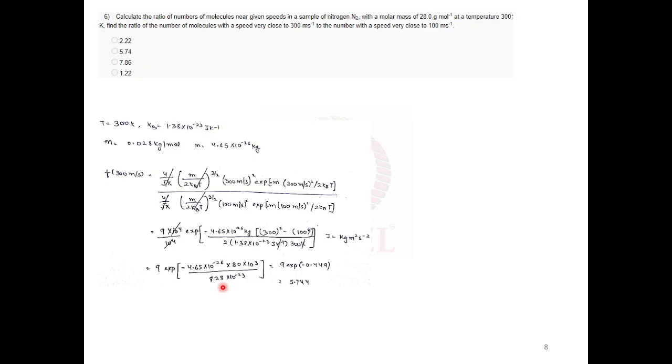So this is the value where you can calculate this at 300 meter per second. So you will get the value of this fraction of molecules which has a speed very close to 300 meters per second, to the number of molecules with speed very close to 100 meter per second. So this is one of the interesting examples where you can see that you need to implement your knowledge in all the directions.